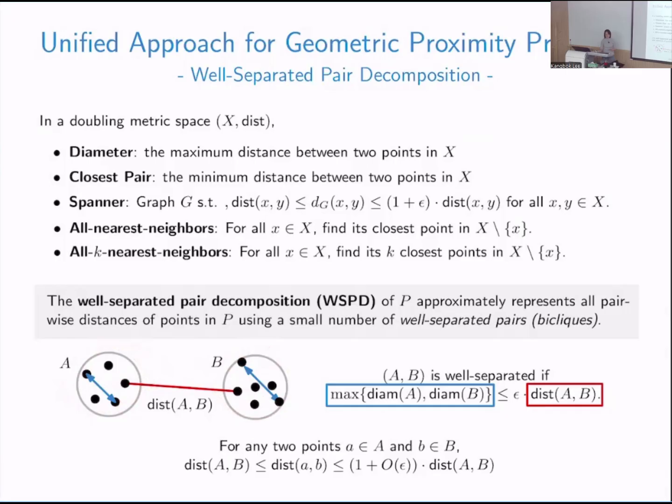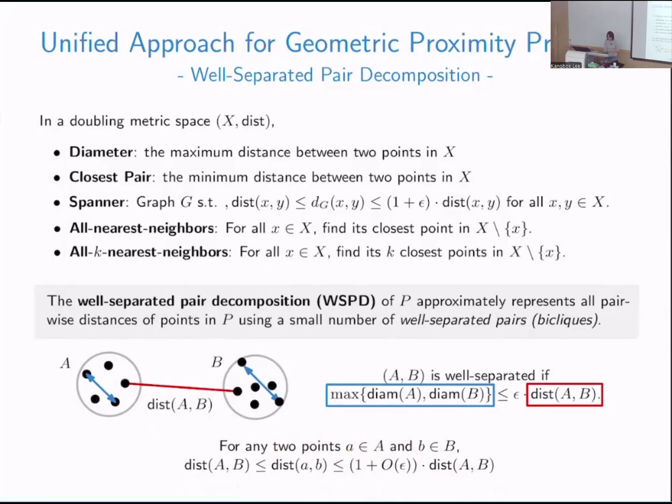Here, a good thing is that we can use this distance as an approximate distance between points in A and points in B. In particular, we can show that for any two points, a from the first point set and b from the second point set, their distance is larger than the red line segment and smaller than the distance between A and B times some constant.